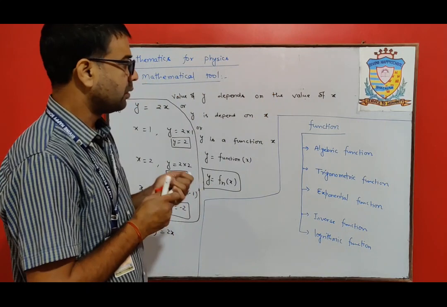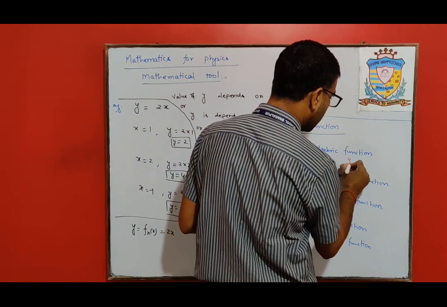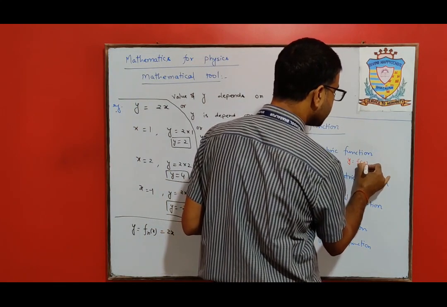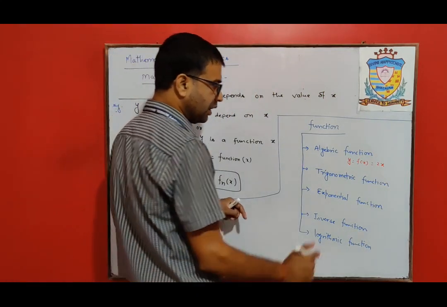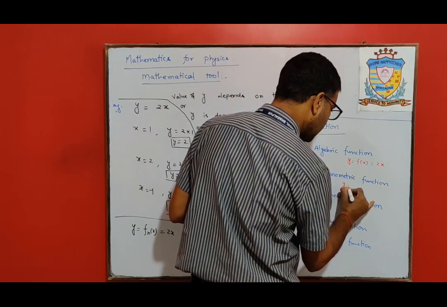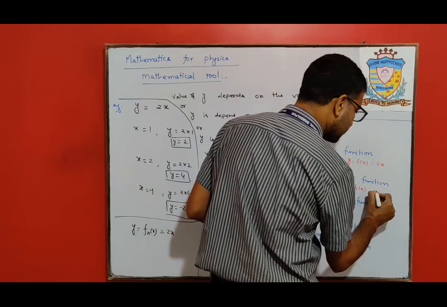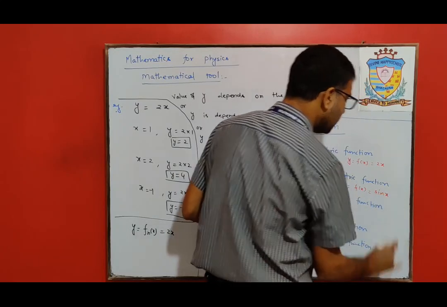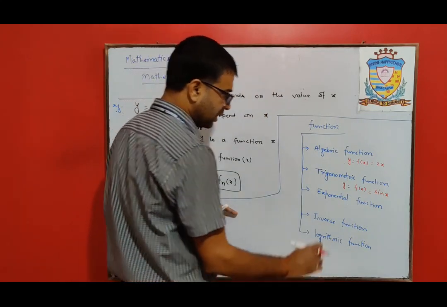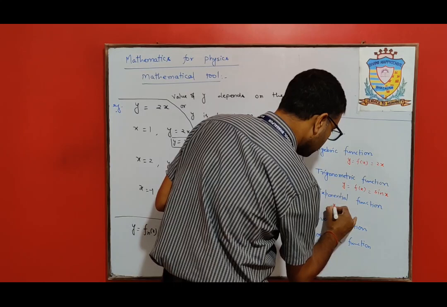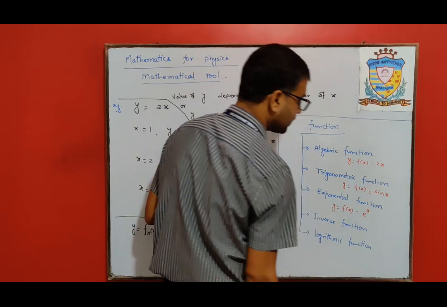If we take the examples one by one, algebraic function, for example, y is equals to f of x is equals to 2x. Clear? Trigonometric function, for example, y is equals to f of x is equals to sin x. Here sin x is a trigonometric function. Exponential function: y is equals to f of x is equals to e to the power x.